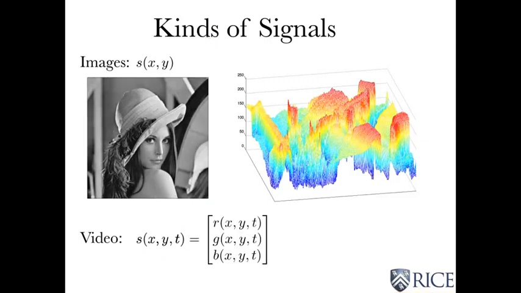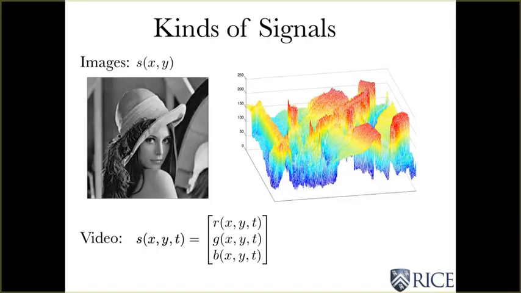But it can be a little bit more complicated than that, because if it's color video, it actually is three 3D signals rolled up into one, considered as a signal. So our color video actually consists of a red, a green, and a blue signal, each of which is a function of space and time. So this is a multi-valued signal.